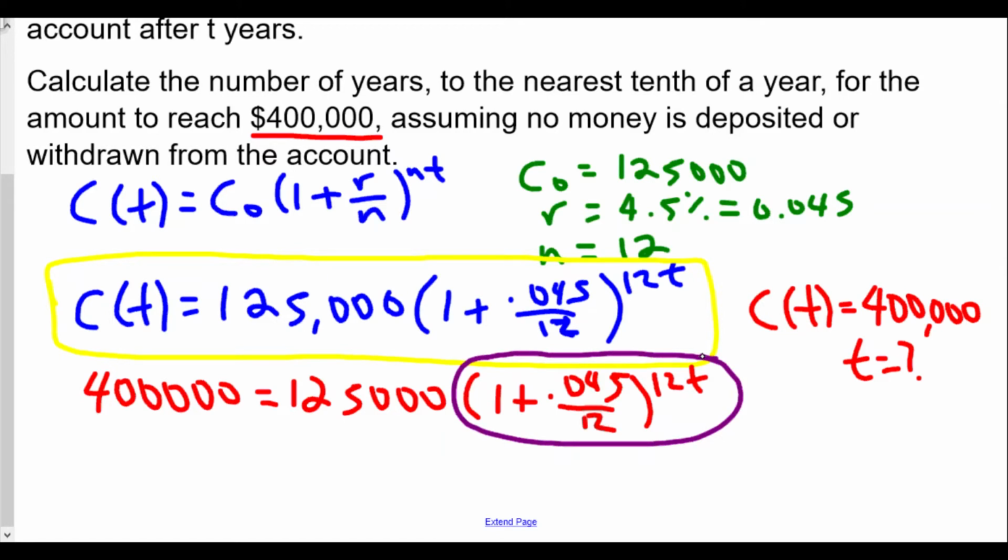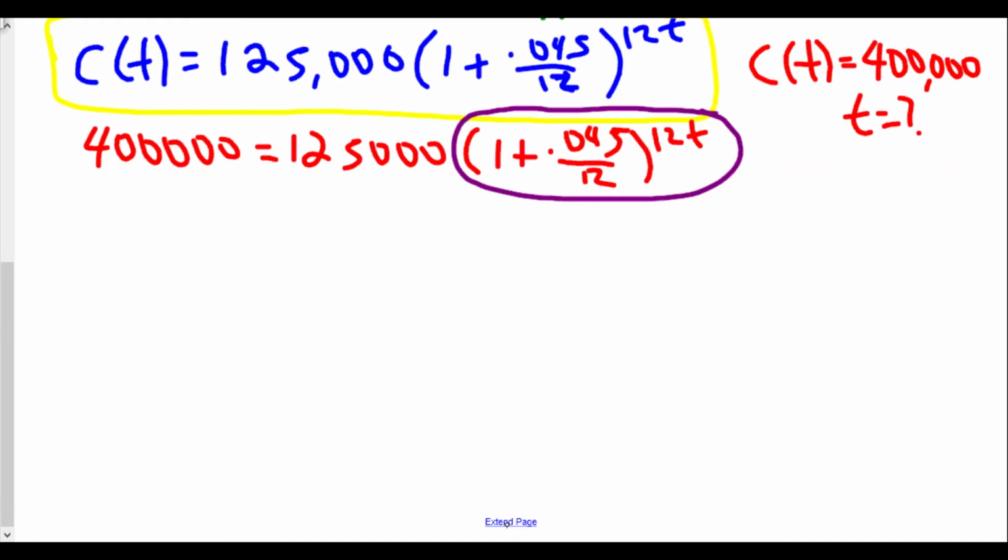Whenever the variable is an exponent, we use logs. So we want to get this 1 plus 0.045 over 12 raised to the 12t power by itself. How do we do this? I'm going to give myself a little room here. We're going to divide both sides by 125,000.